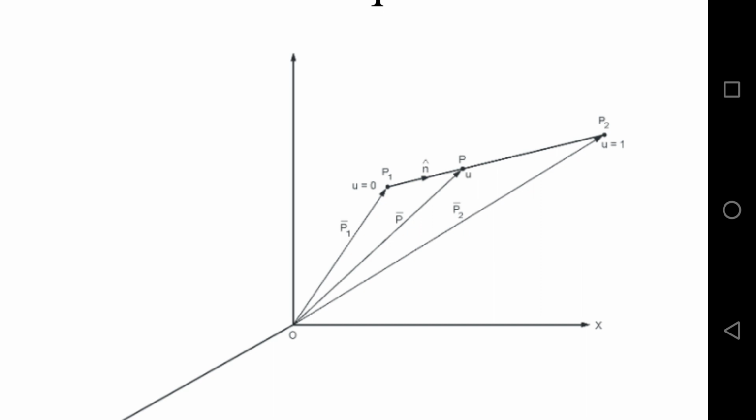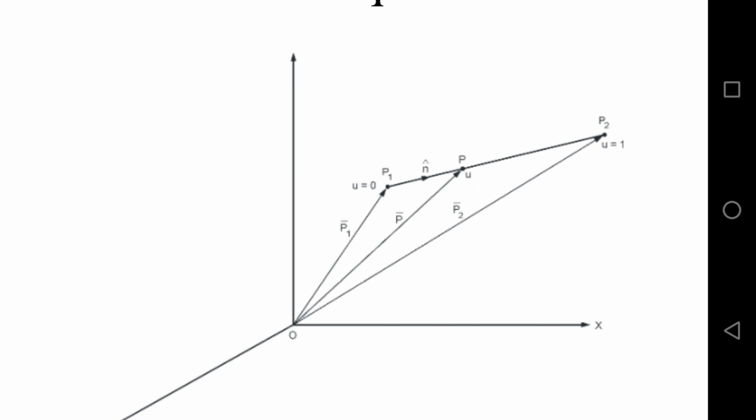So we need to find the parametric equation of the line. You may have a doubt: we are representing a line, but what are those P1 bar, P bar and P2 bar? P1 bar is actually a positional vector for point P1.